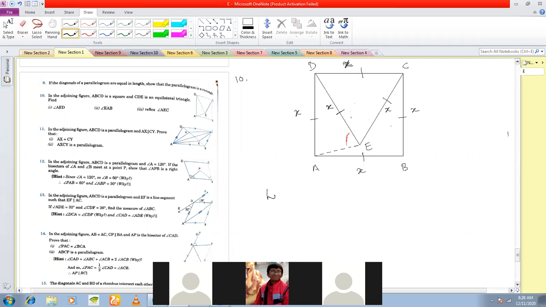Let's write by saying first, since ABCD is a square, let AB is equal to BC equal to CD equal to AD equal to x.